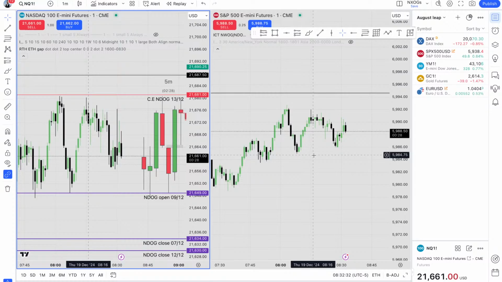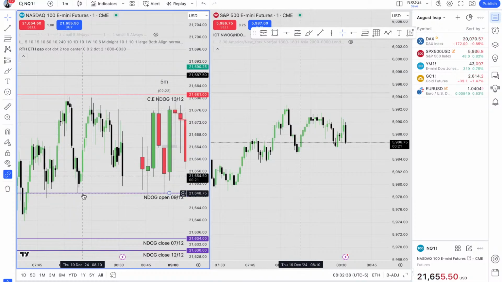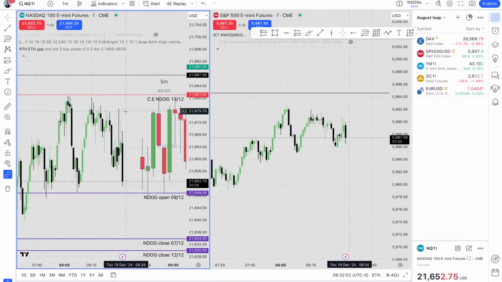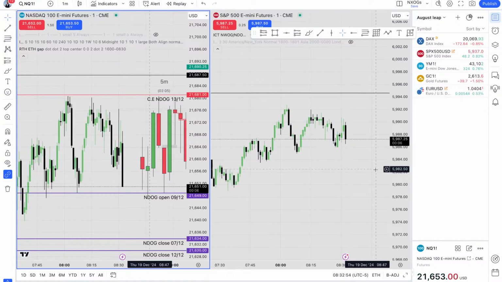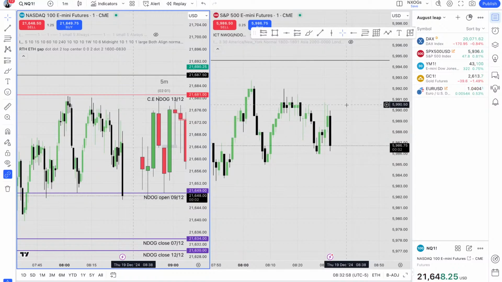I don't want to even go short at this point. Even if it breaks below this, I want to find a nice SMT setup. Because we don't have an SMT here, right?